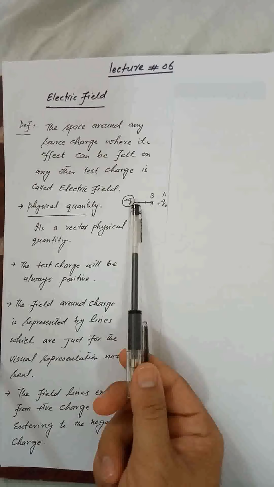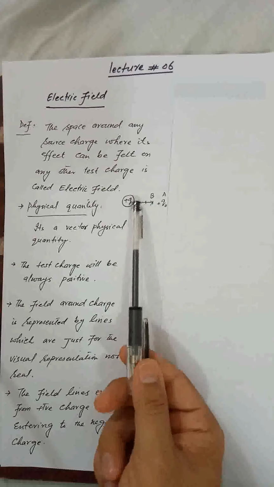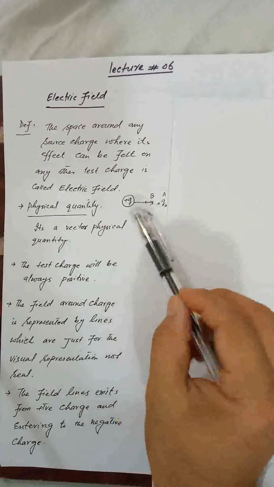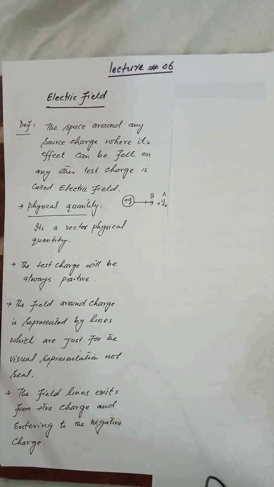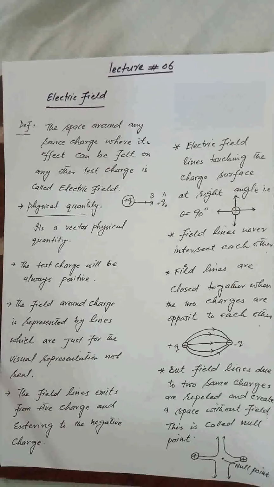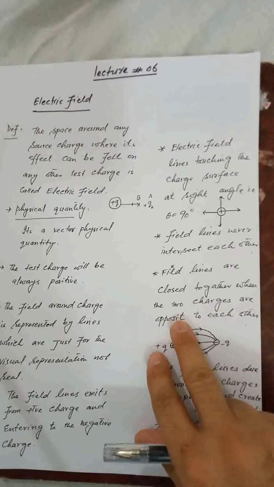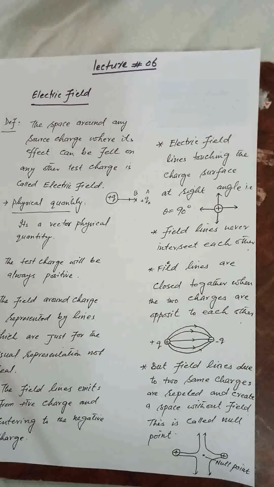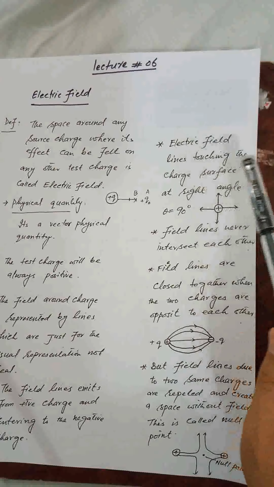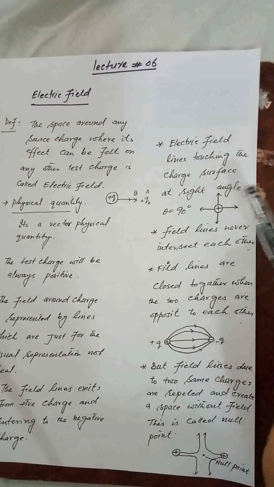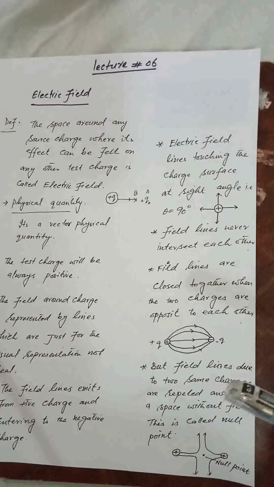Their entering and leaving always make a 90-degree angle with the surface of the charge, meaning perpendicular. Now we will discuss some characteristics of these field lines. Electric field lines touch the charge surface at right angle.